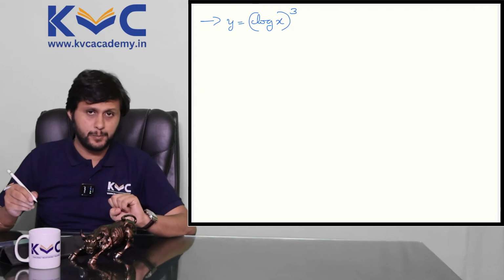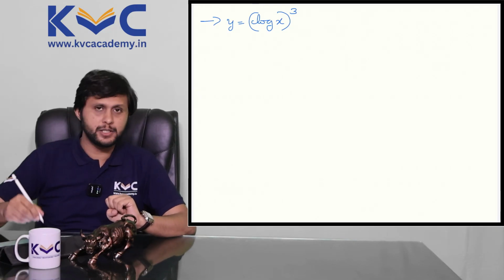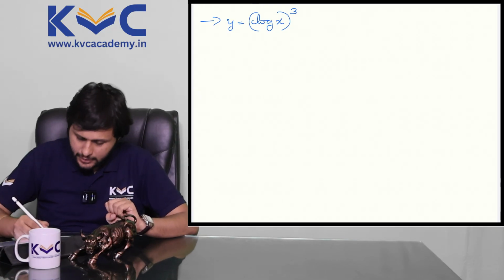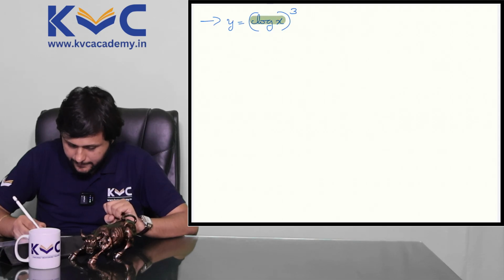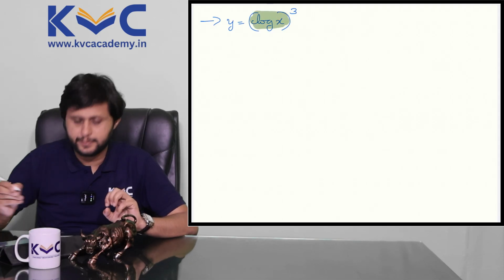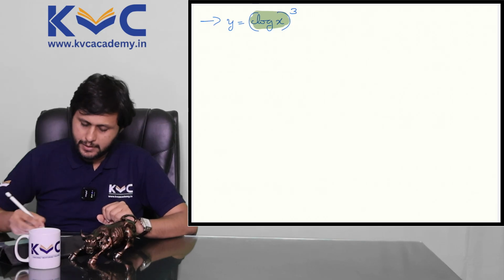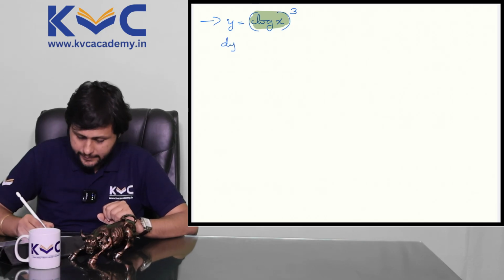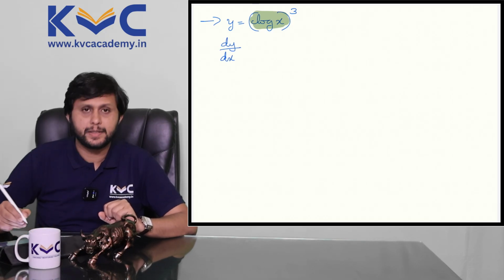Now this is in which form? We have function to the power constant. Correct. So I'll highlight this. Fine. Now left hand side, dy by dx.